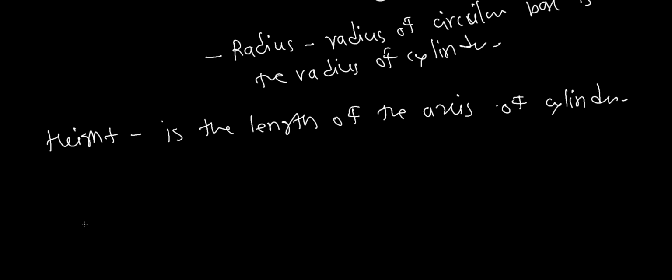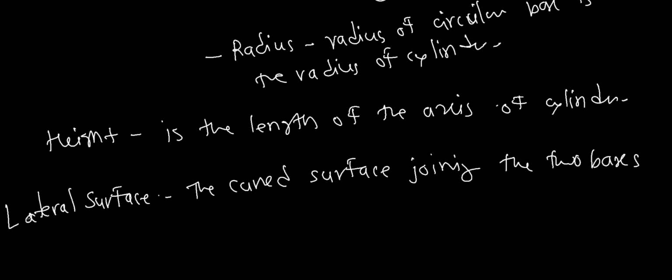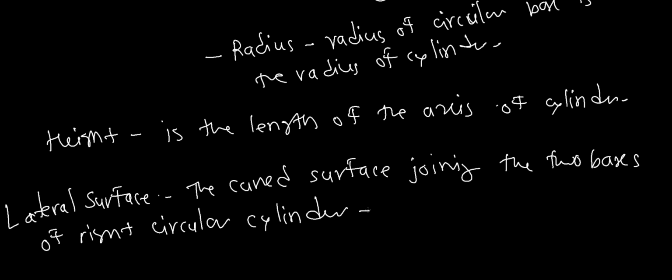And there is one more point, lateral surface. The curved surface joining the two bases of a right circular cylinder is called the lateral surface.